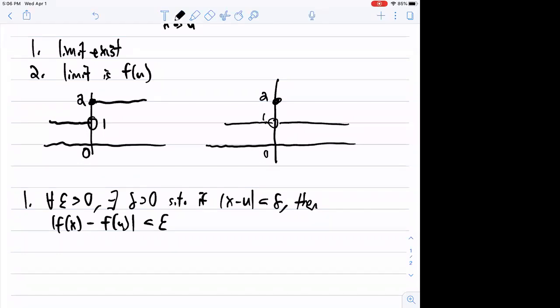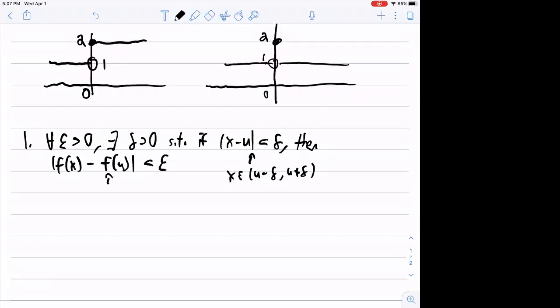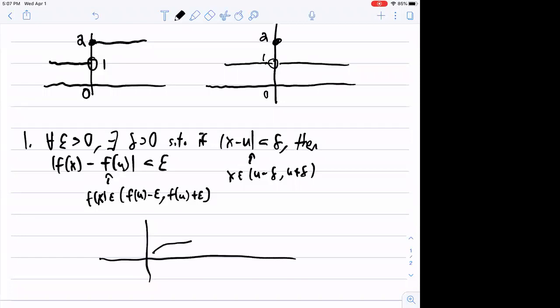This is kind of like the neighborhood definition, because this pretty much means x is in the ball from u minus delta to u plus delta. You're taking a ball around each point, and this is saying f of x is within this epsilon ball. Pictorially, this is the image and this is the domain.